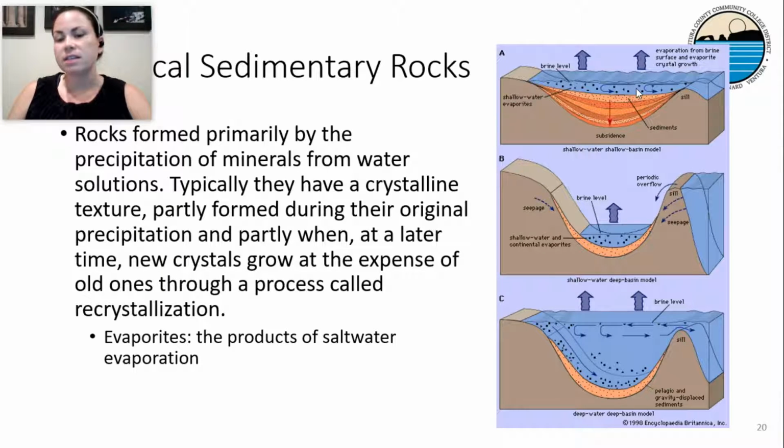And so as the sea level falls and we have evaporation, we have these evaporites that get deposited into the sediments. And then later on, if we have sea level rise and we have periodic overflow or seepage into the nearby sediments here, then we have the recrystallization of these evaporites.